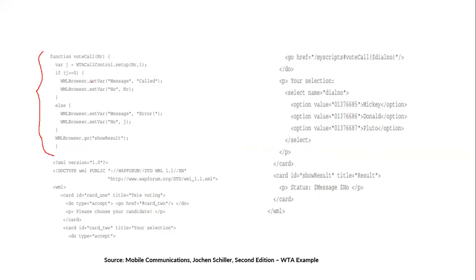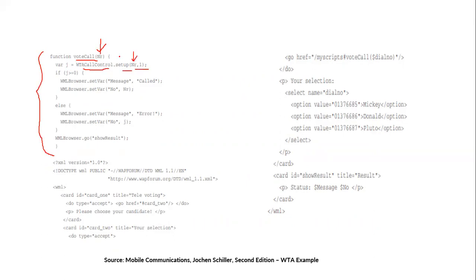This is a WML script, and it contains a function voteCall which takes one parameter, nr. There is a variable j which is WTACallControl.setup(nr, 1). You can see it is a call control library, the WTA call control library, and there is a function setup, and to it we are passing nr with a parameter 1.